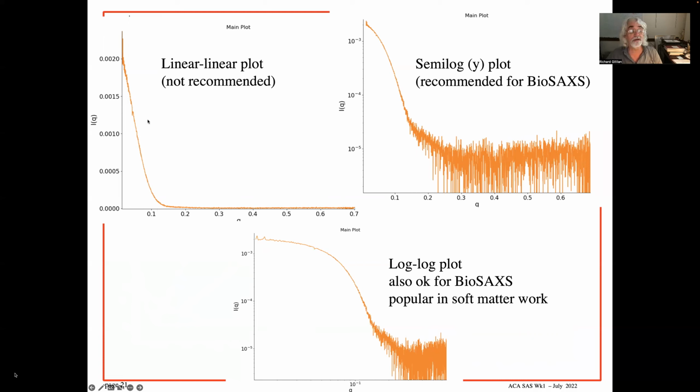Once in a while, people do like to do this, for example, if you have diffraction spots, or some DNA. But by and large, we don't recommend it for normal biological stuff. It's much better to do a semi-log or a log-log. Soft matter people like the log-log because that emphasizes the small angle more. So you have all of those options in the software that you'll be learning to use.